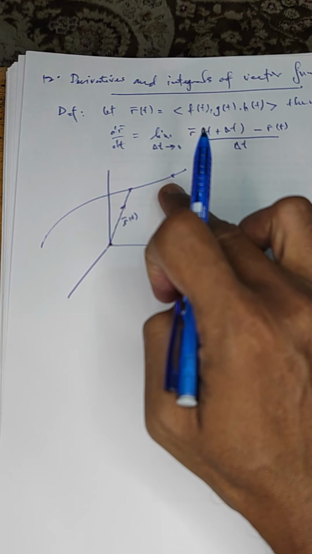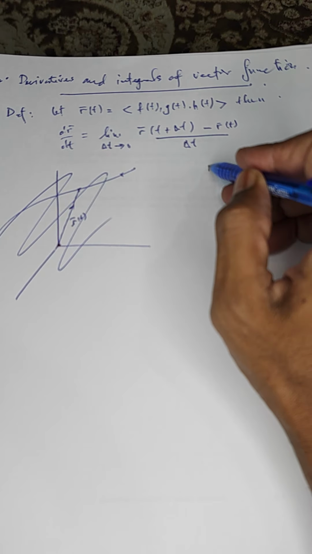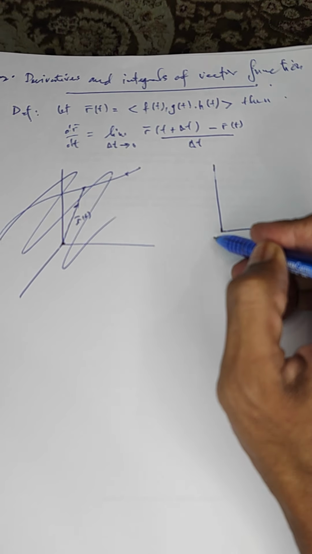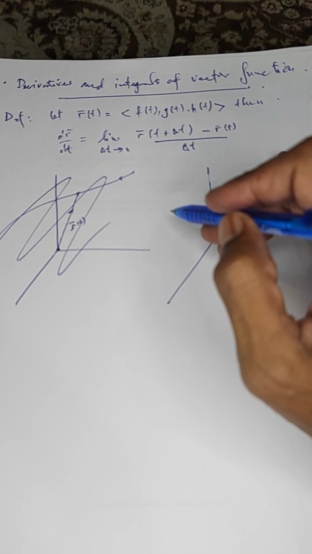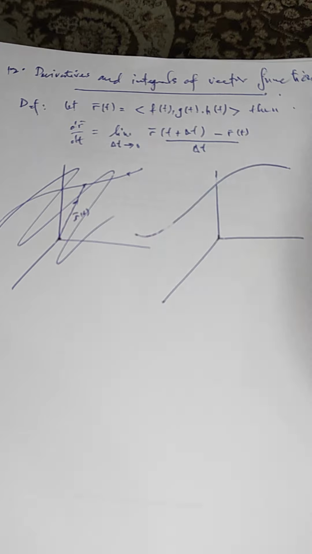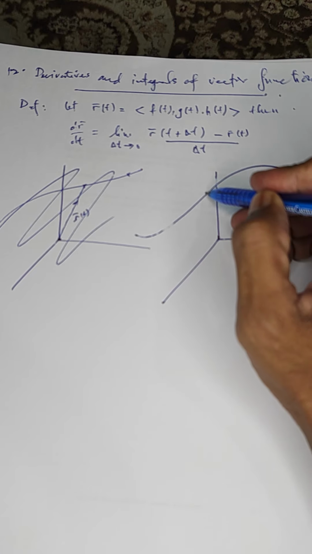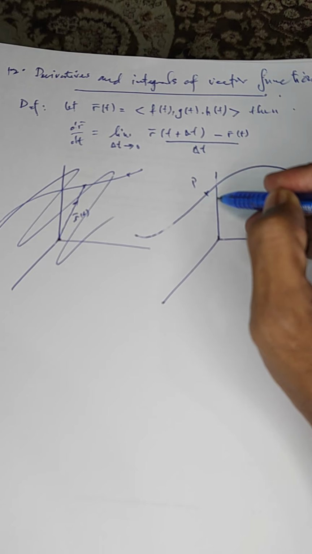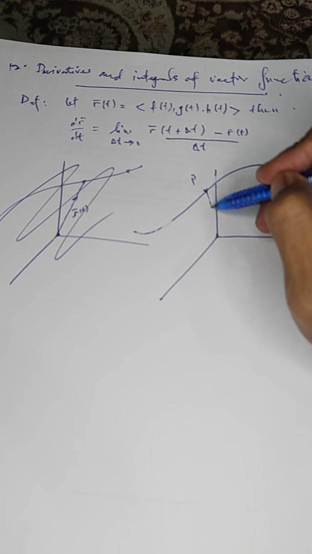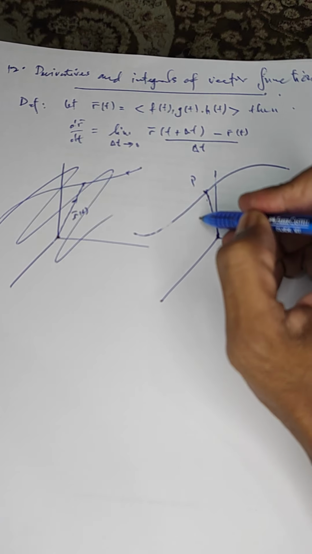this might be difficult for me to see, so let me draw another figure. So let's say at a certain point P, we have a position vector here. This is our r(t).